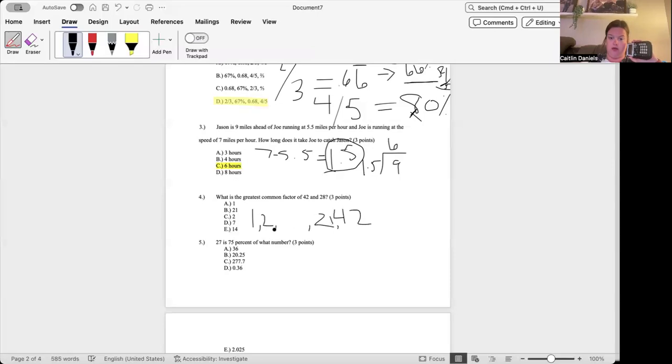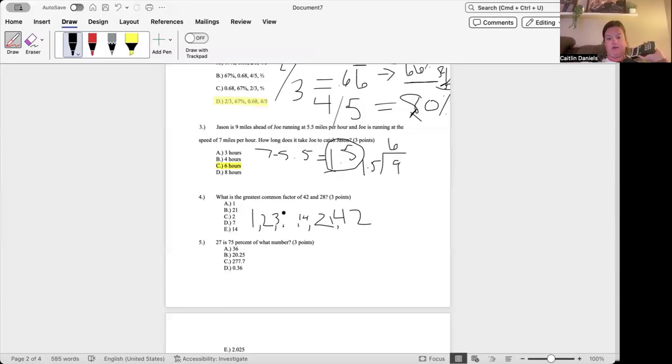All right. Does 42 divide by 3? It does. So we have 3 and 14. Does it divide by 4? It does not. Let's go on to 5. It does not divide by 5 because it does not end in a 0 or a 5. Does it divide by 6? It does.